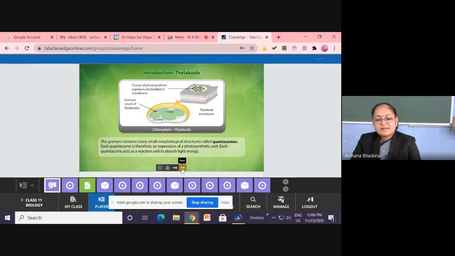Why is it an expression of a photosynthetic unit? Romisha, can you give the answer? I have been telling you this since 9th and 10th class. Why will the light reaction occur here? Rumisha. Barbie.